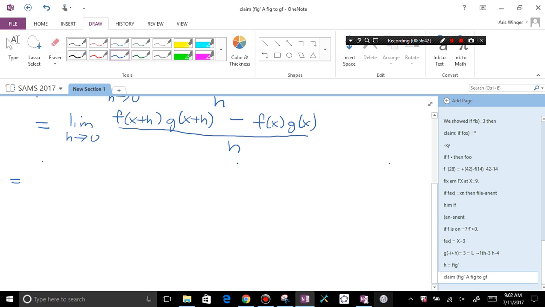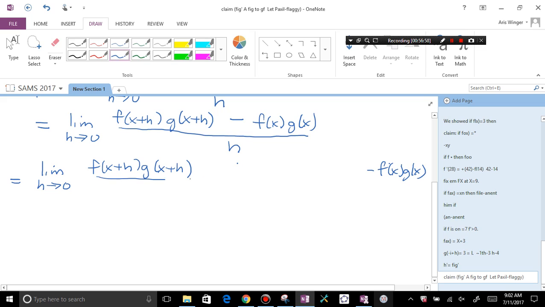This is equal to the limit as H tends to 0 of F of X plus H times G of X plus H minus F of X, G of X, all over H.